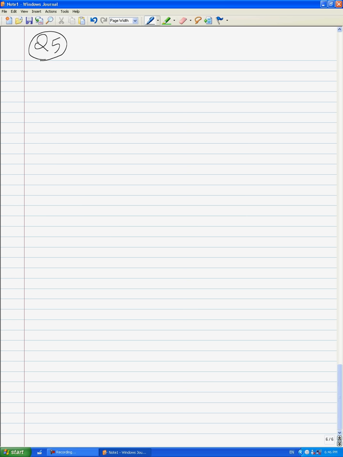In question 5, we want to find V3 by any method, which means we can use any method like Ohm's law, voltage divider, current divider, and also mesh, node, KVL and KCL.